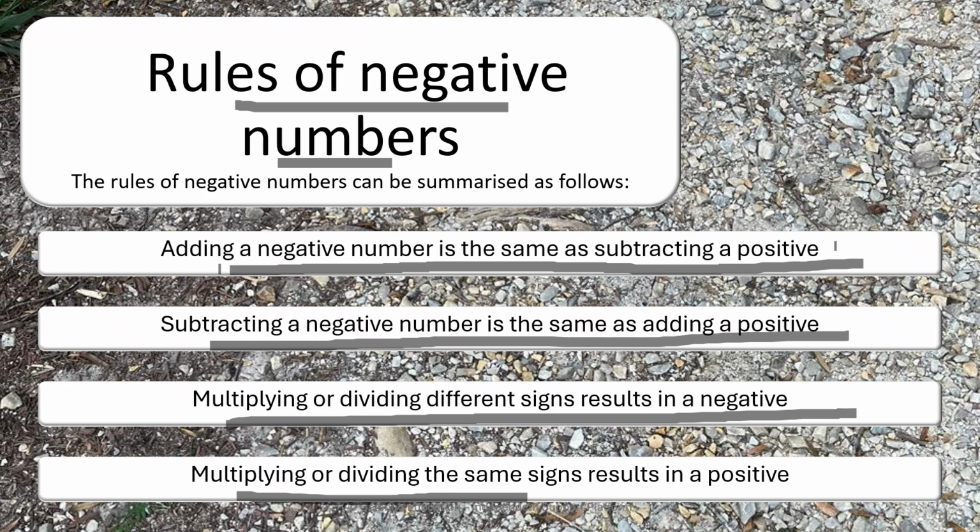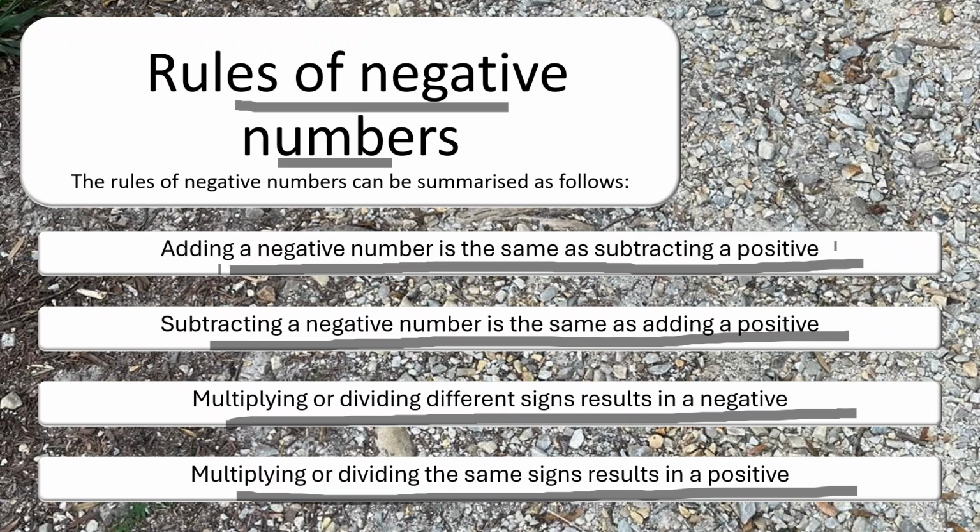Multiplying or dividing the same signs results in a positive. Minus 6 multiplied by minus 6 is equal to 36, because a minus multiplied by a minus is a positive.